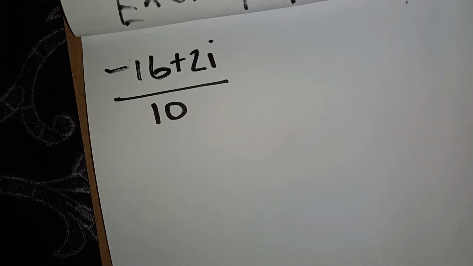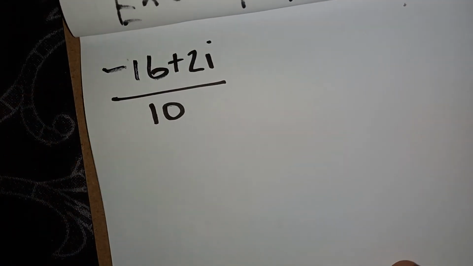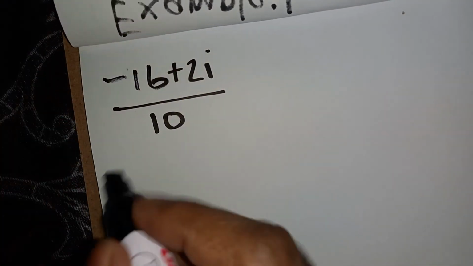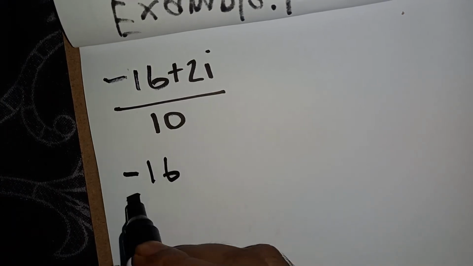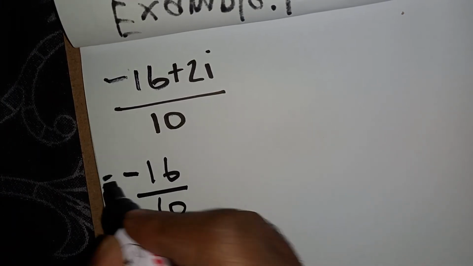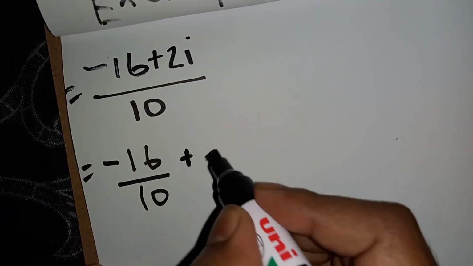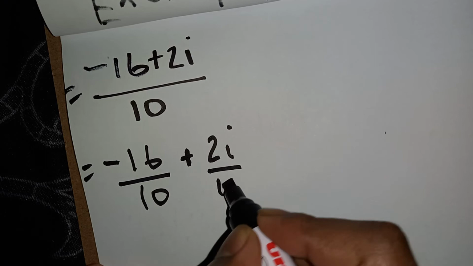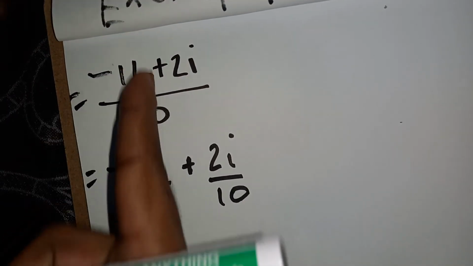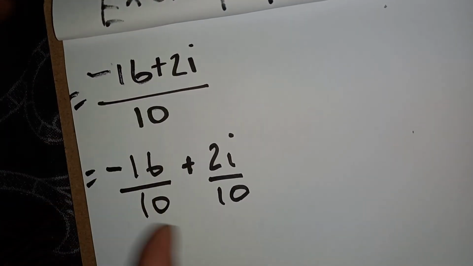Now from there we can simplify this. So it will be minus 16 over 10, but all these are equal statements, and we'll have plus 2i over 10. Just breaking this down, 16 divided by 10, and this divided by 10.